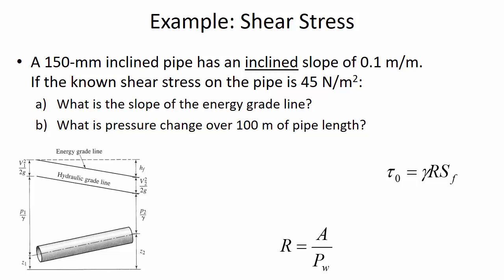But we do have energy loss due to pipe friction. And so in part B, you're going to find the change in pressure. So you'd move P2 over to the left-hand side, cancel out the velocity head terms, and basically apply what you know about the slope of the energy grade line to find out how the pressure is changing.